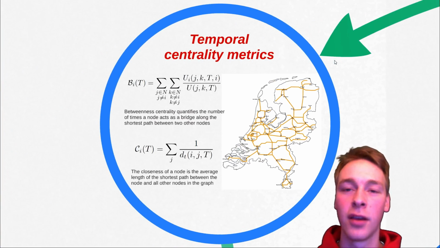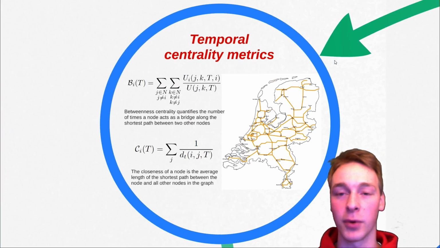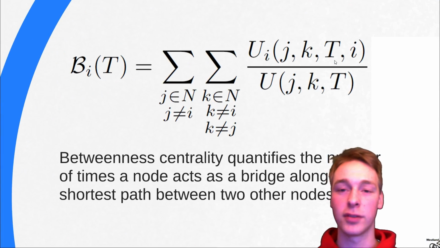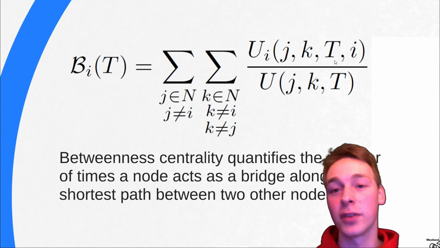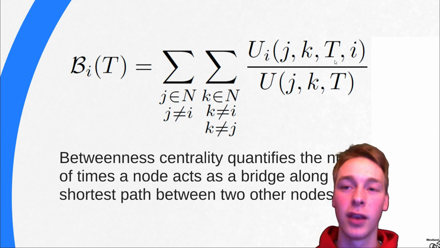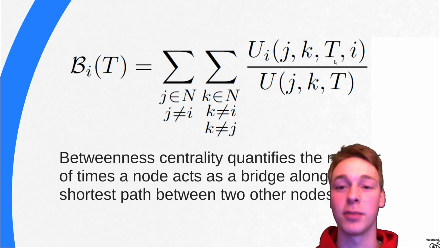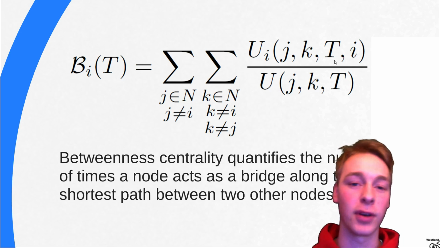And with these shortest temporal paths, we can also make temporal centrality metrics. Centrality metrics are used to look at certain points in the graph which are important or have a lot of influence. We have two different centrality metrics in Tink. One of them is the betweenness centrality.